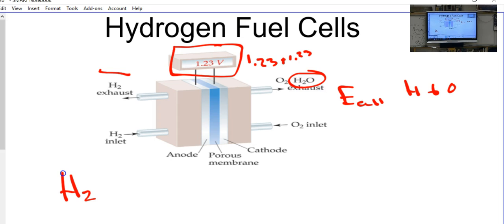There's plenty of hydrogen. It's one of the most abundant elements on our planet, and it's the most abundant element in the universe. But just plain hydrogen needs to be separated out from water. And in order to separate hydrogen out of water, it requires 1.23 volts. Okay?